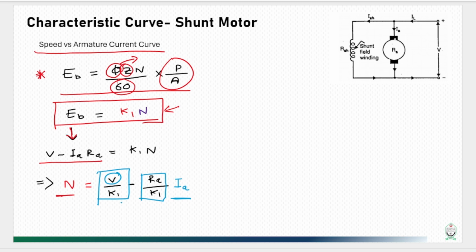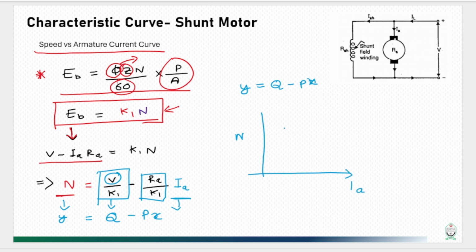So if we are plotting N in the y-axis, and let's say we are converting this into a bigger constant, naming it q, and this as p, and this as x. Then our characteristic curve should be something like this: y equals q minus px, which means this will be a straight line which has a negative slope.